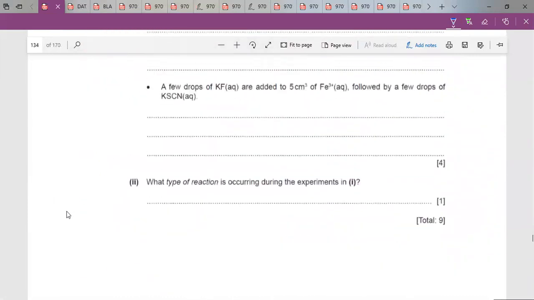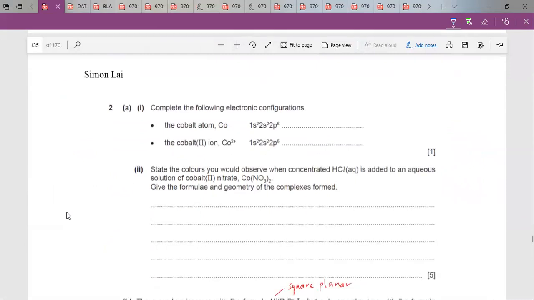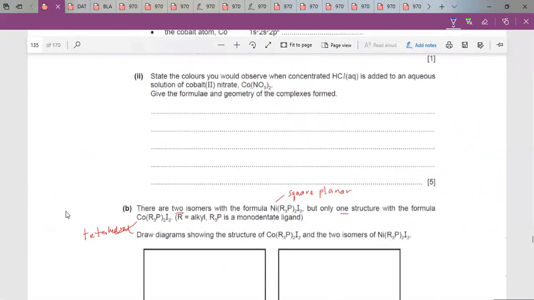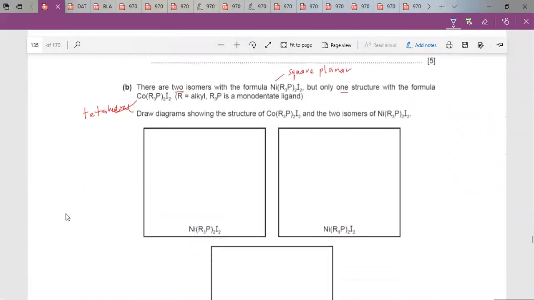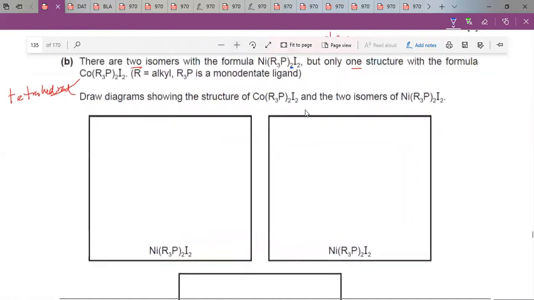Now here again, you see, always square planar or tetrahedral, they will tell you 2 isomers or 1 isomer. Now there are 2 isomers with the formula nickel R3P I2, right? Nickel 2 plus.